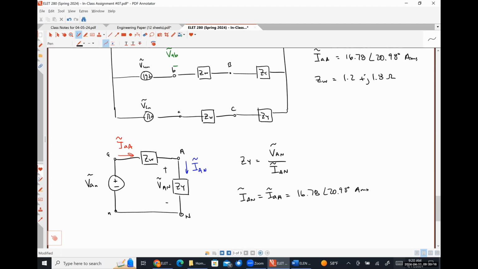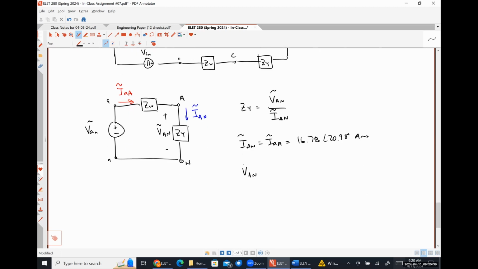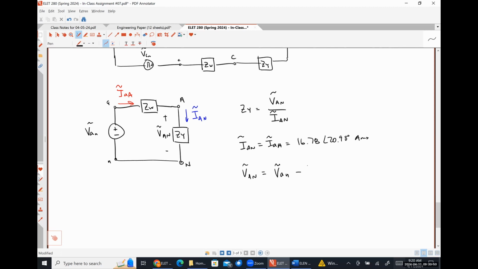Now, I believe that we could solve for that voltage VAN using voltage division like we did. Actually, we won't be able to do that because we would need to know what the impedance ZY is first. So we're going to have to think of a different way to do it. This kind of goes back to what you guys were suggesting earlier. That voltage VAN would be equal to our source voltage VAN minus the voltage drop across our transmission line, which would be that current IAA times the impedance ZW.